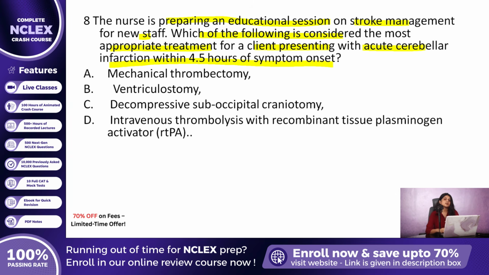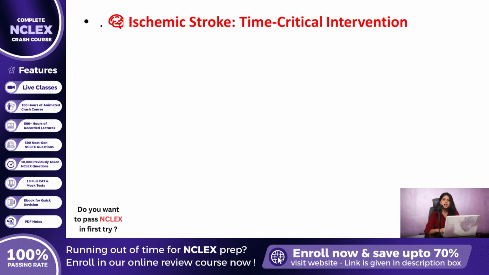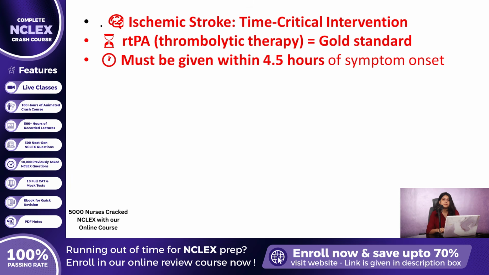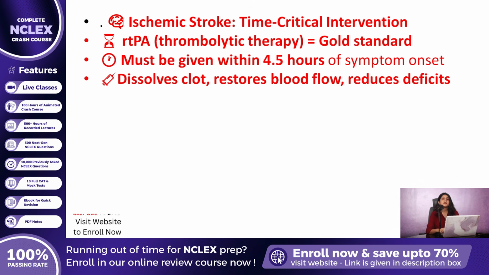The correct answer is option D. Intravenous thrombolysis with recombinant tissue plasminogen activator, RTPA. The rationale is that for clients with ischemic stroke, including cerebellar infarcts, thrombolytic therapy is the gold standard if administered within 4.5 hours of symptom onset. This medication helps dissolve the clot and restore blood flow, significantly improving outcomes and minimizing long-term deficits.